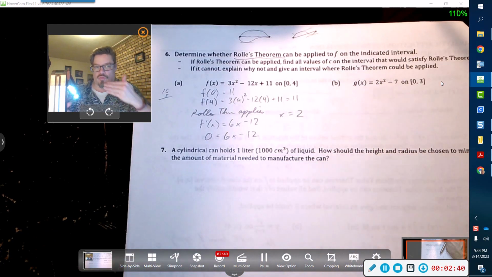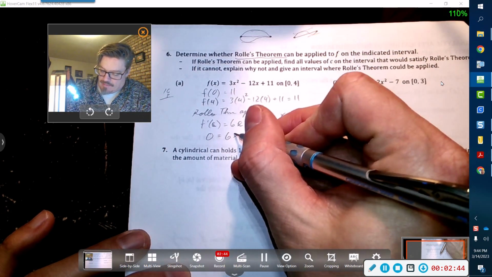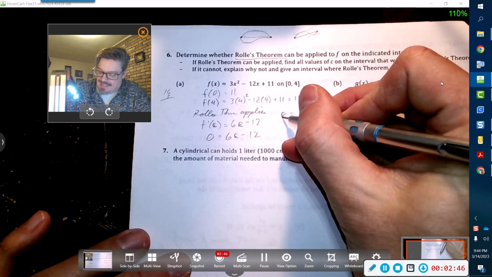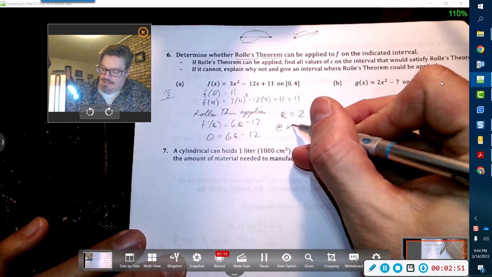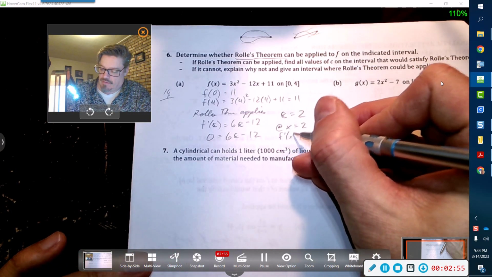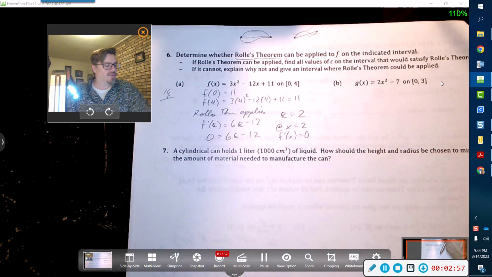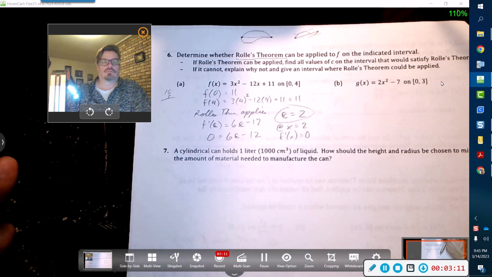Now, normally, we want to say that this is c, so we'll say c equals 2. So at x equals 2, the derivative is 0. Or you could just say that c equals 2 satisfies the theorem.